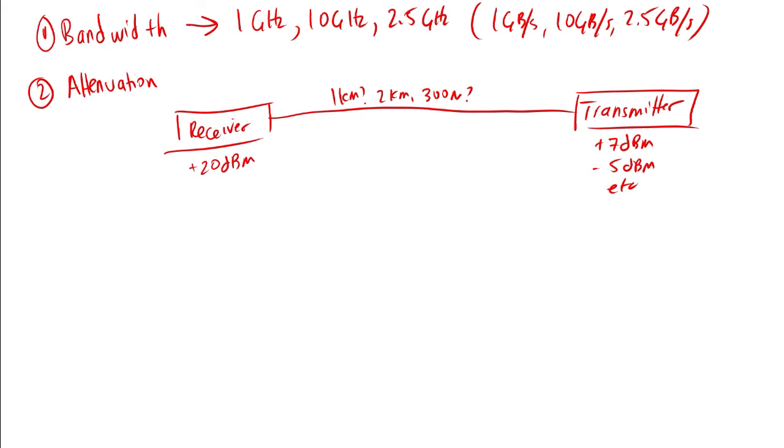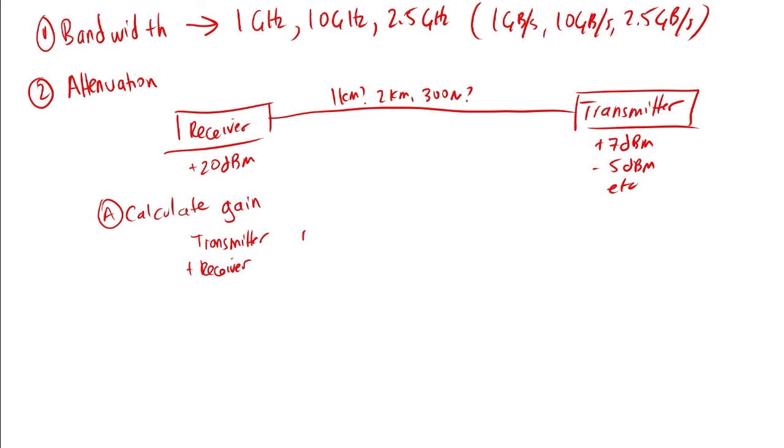So first thing we want to do is calculate the gain. So let's say, transmitter plus receiver.